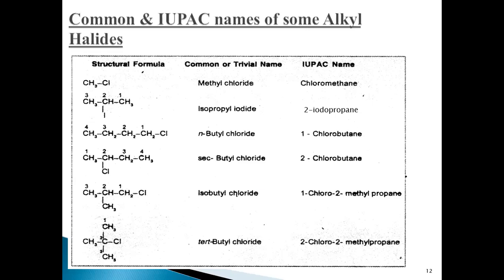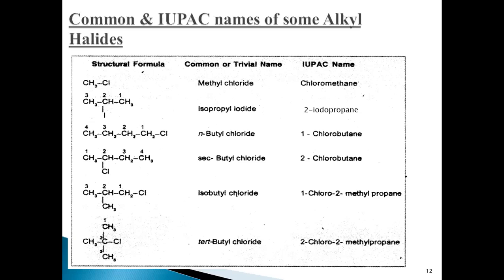Now, next example. You have to find the longest chain. 1, 2, 3. Vertically you can see a carbon attached with 3 other carbons. Is it secondary or tertiary? Yes, it is tertiary because it is attached with 3 other carbons. Therefore, the common name is tertiary butyl chloride.